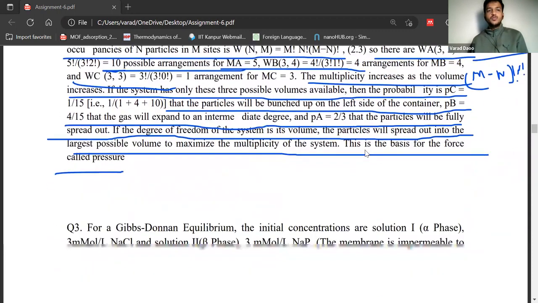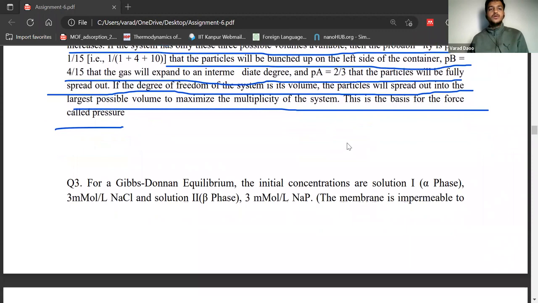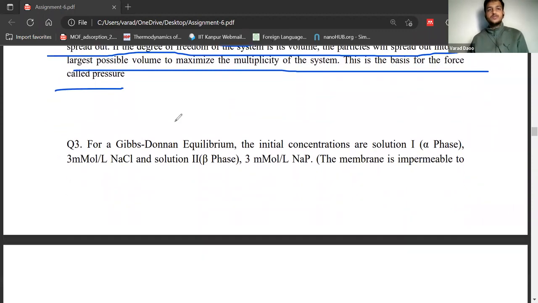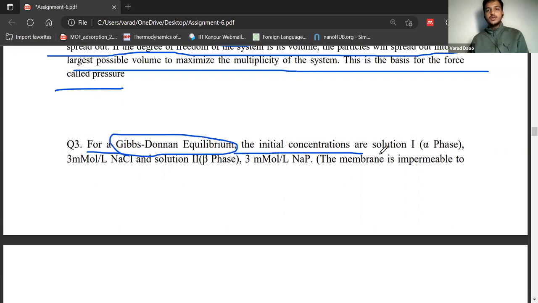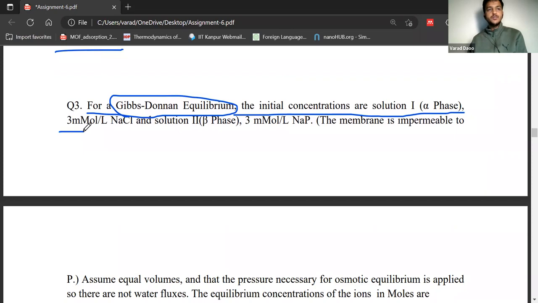Okay, so we'll move on to the next question. For Gibbs-Donnan equilibrium, the initial concentrations of solution 1, that is the alpha phase, is 3 millimole, and solution 2, that is the beta phase, is 3 millimole per liter of NaP.